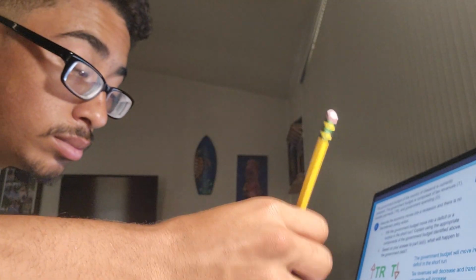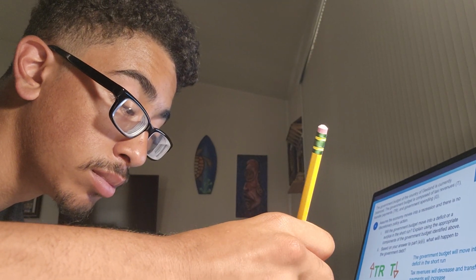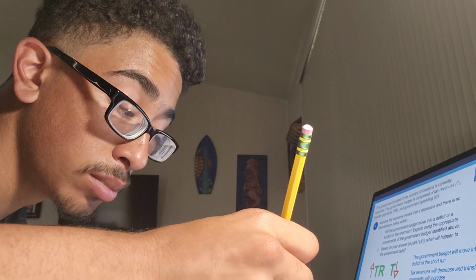That's a deficit. Based on that answer, the fact that we now have a deficit, government debt is going to increase. Debt is simply the sum of all budget balances.